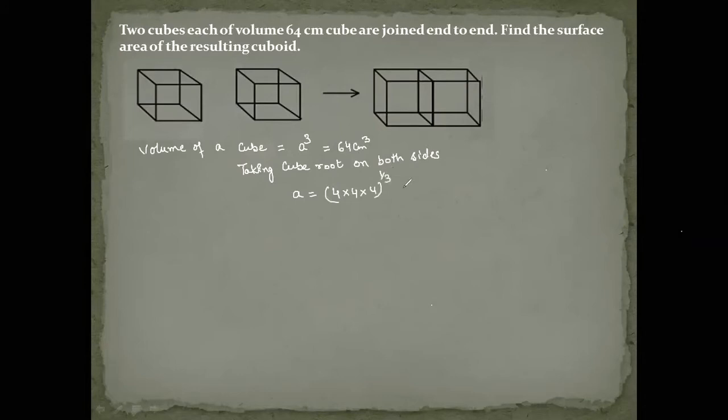So it is 4 cube to the power 1 by 3 centimeter. So the side of the cube is 4 centimeter, right? And now we have to find the surface area of this cuboid.